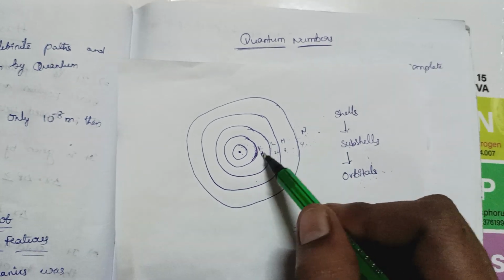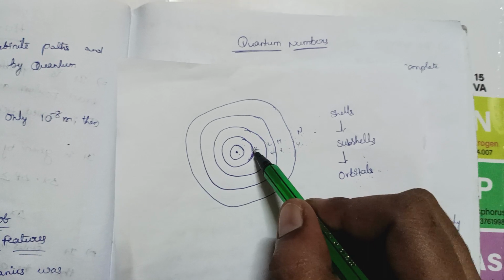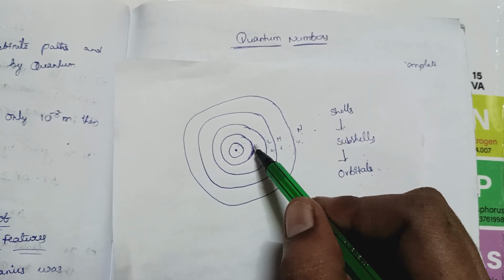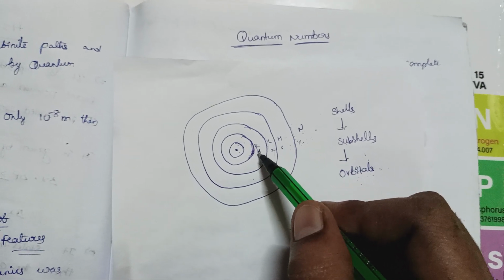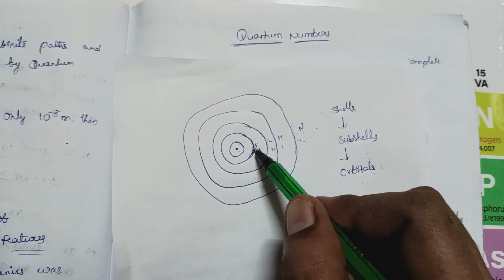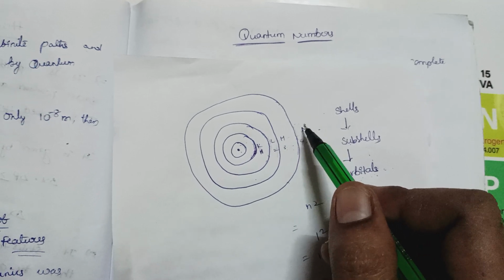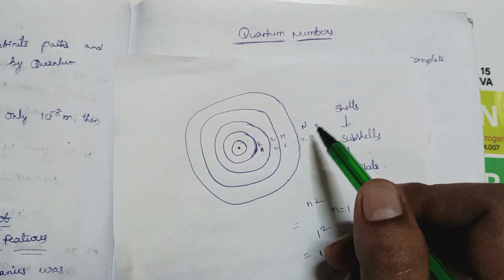These are shells or orbits. If we take the K or first orbit, its size and energy are lesser than the second orbit, then the third orbit, then the fourth orbit, like that.